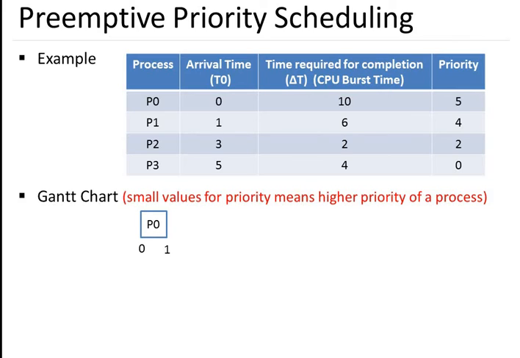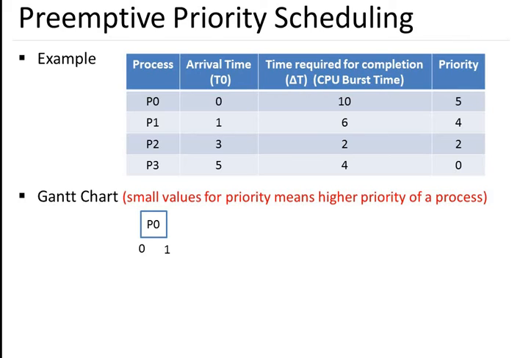P0 executes until t equals 1, and at this time a new process has arrived, that is process P1. You can see the arrival of a new process is affecting the Gantt chart. That means it is pre-emptive in nature.